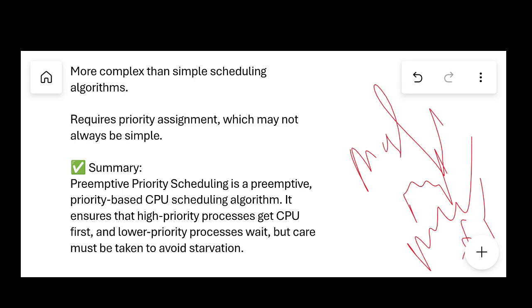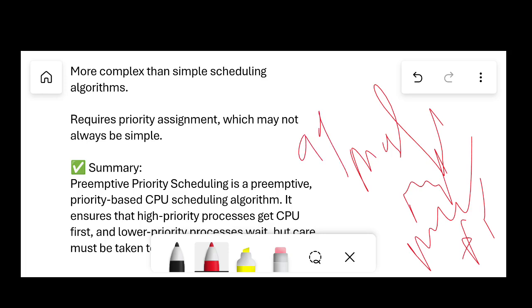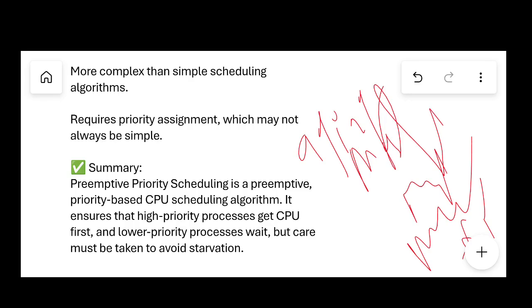To solve this, systems use a technique called aging. Aging gradually increases the priority of waiting processes, ensuring they eventually get CPU time. This balances fairness with priority-based execution.